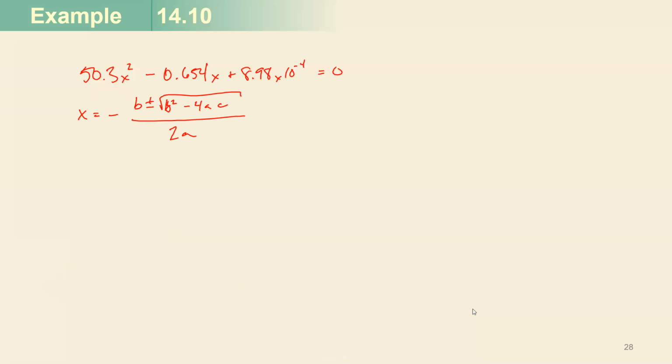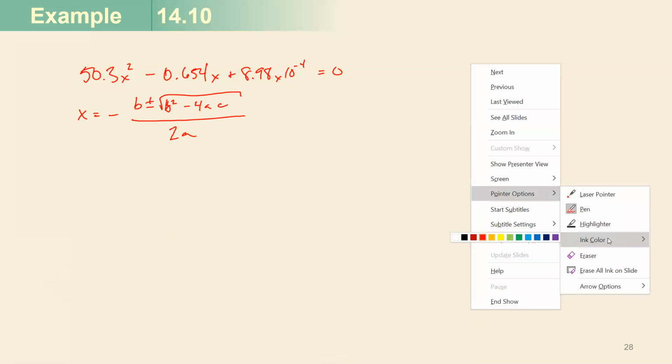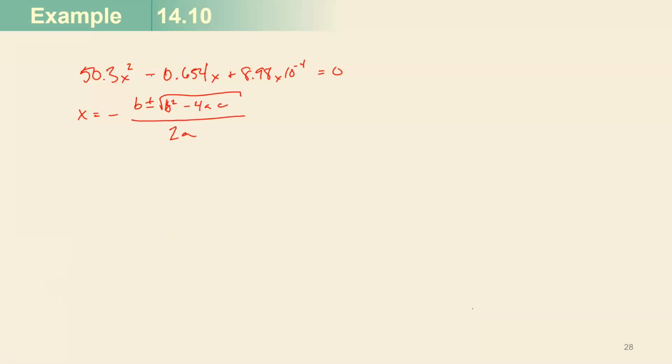To know what a, b, and c are, a is always associated with x squared, right? So this is a. B is always associated with x, so this is b. And c is always the constant that has no x.